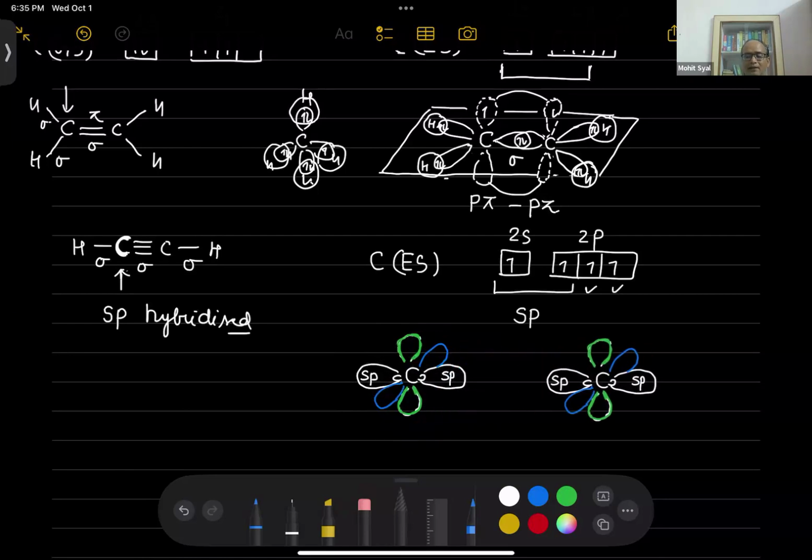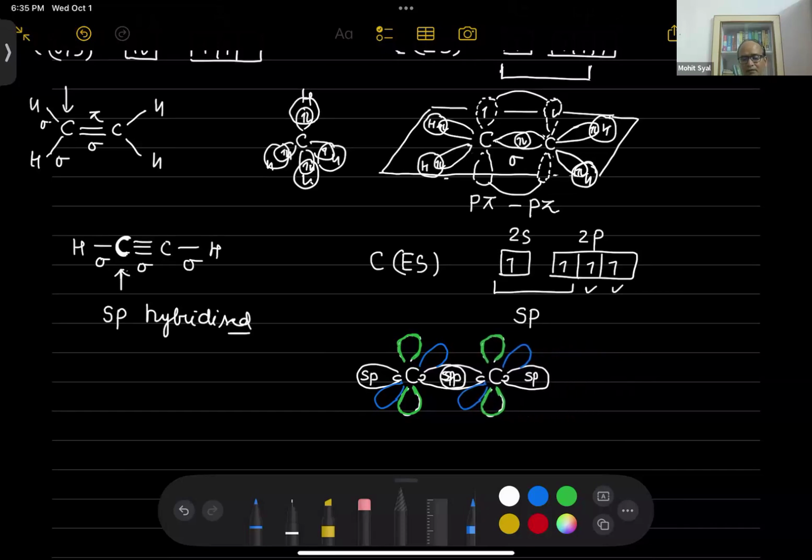So this is another sp hybridized carbon. As it is approaching, what is happening? Which bond is formed by the white lobes, overlapping head on or sidewise?